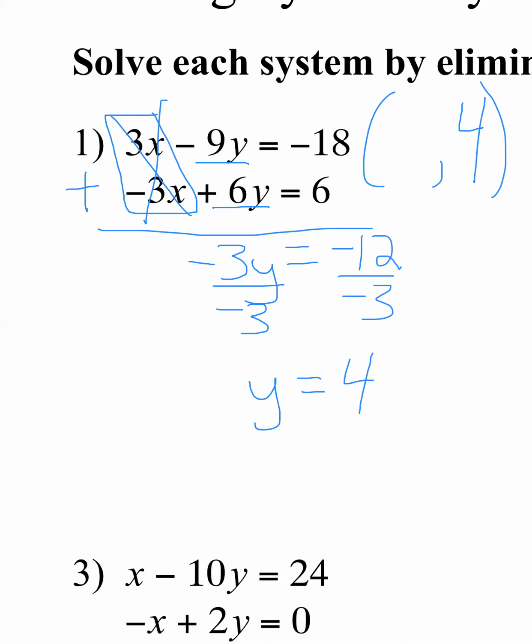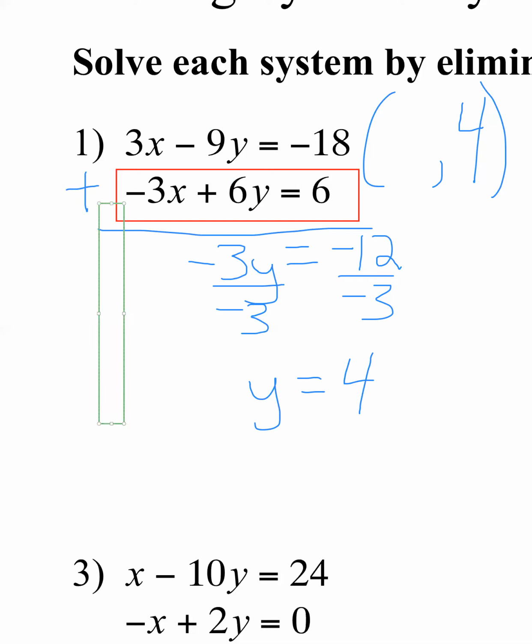Well, here's what you're going to do. You're going to go back to your original equations, and you're going to just pick one. It doesn't even matter which one. I usually try and pick the one that has the smaller numbers just to make my life easier. So in this case, I'm going to pick this one right here because the numbers are smaller, but you could have picked the top one. Does not matter. I'm just going to rewrite this down below.